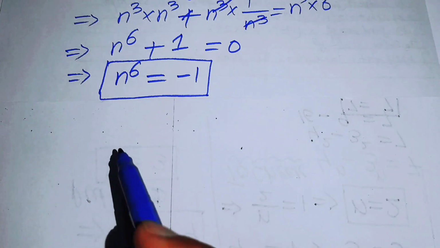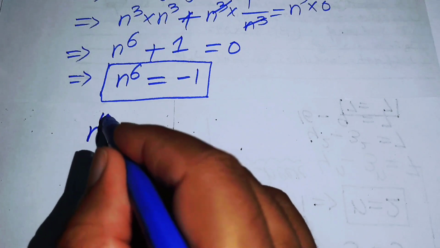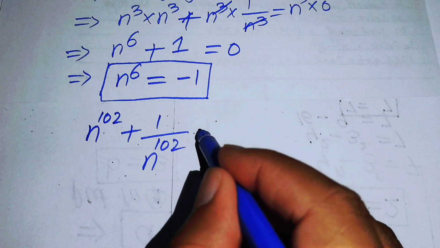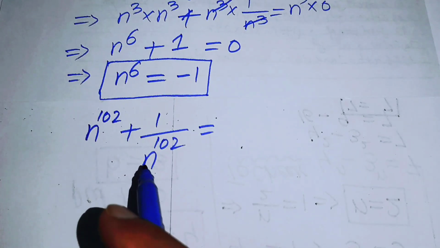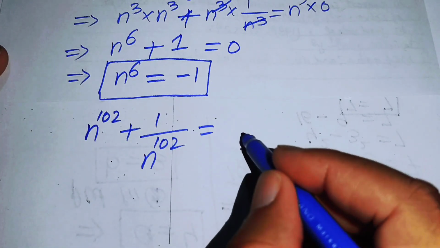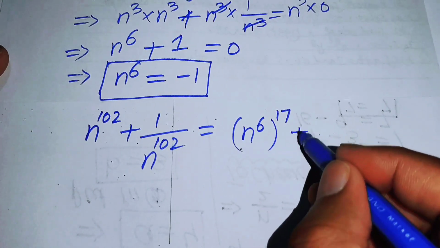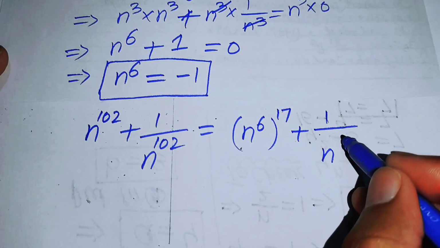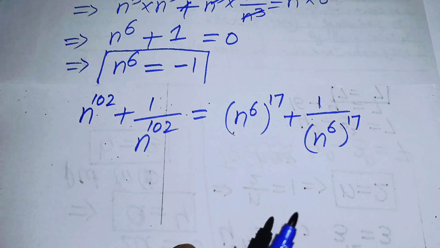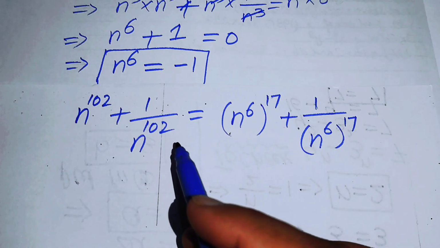And now we move toward our target. So here we find the value of n to the power of 102 plus 1 over n to the power of 102. Now I can simplify this expression: n to the power of 102 we will write as n to the power of 6 and its whole power 17, plus 1 over n to the power of 6 and its whole power 17, because 17 times 6 is equal to 102.